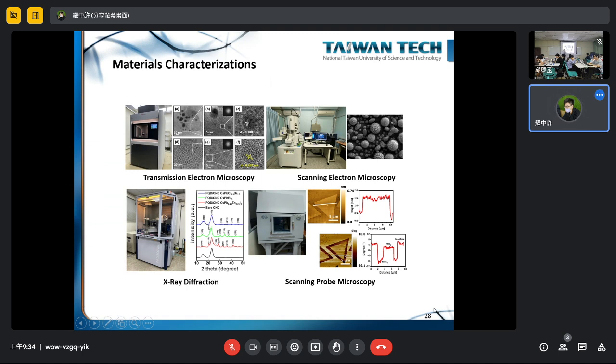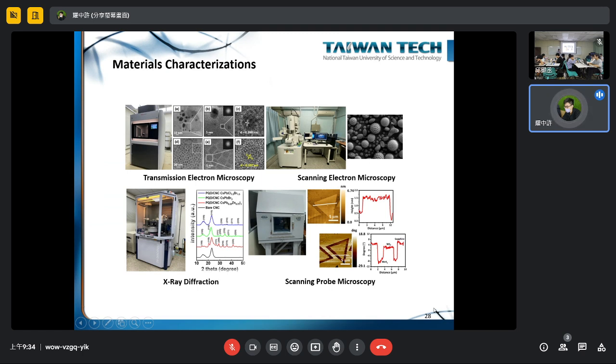And for 2D material, if we have a very thin material on top of a surface, we can use scanning probe microscopy to scan. It will give you a height profile, and the resolution can be as high as 1 nanometer. For example, for graphene, you can use the scanning probe.